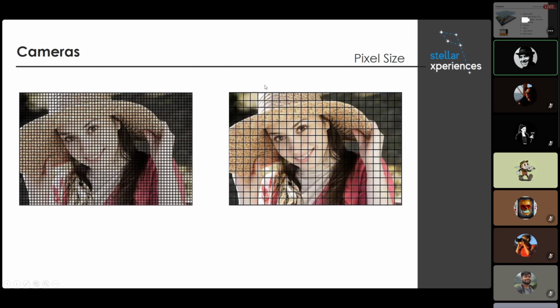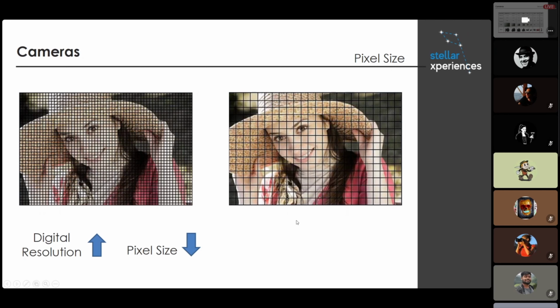So if it is 18 megapixels, or 18 million pixels, there are 18 million pixels in your sensor. Or let's say it is 12, then there are 12 million pixels on your sensor. What this shows is digital resolution, like I said. If you increase the digital resolution, then you decrease the pixel size, like this. For instance, this is 12, this is 24. So the number of pixels in this one is 2 times this one.